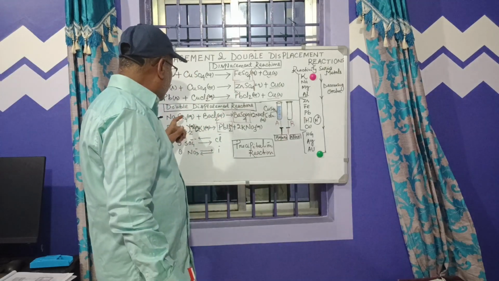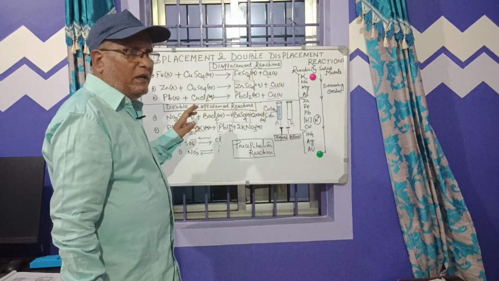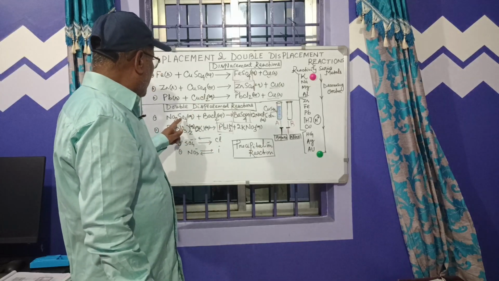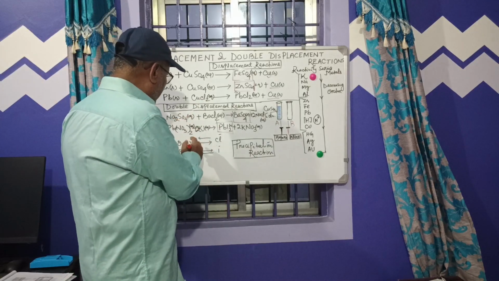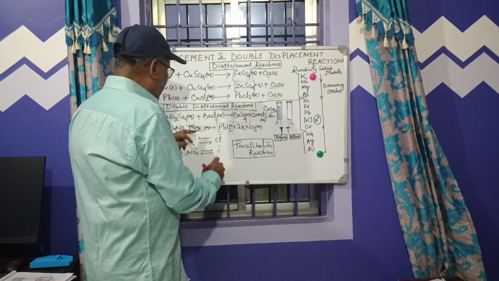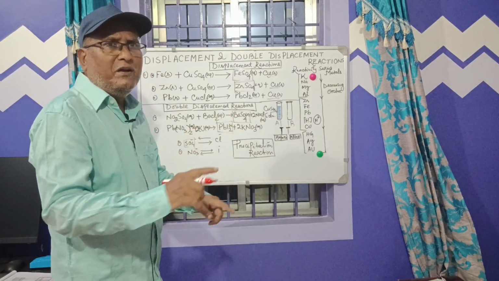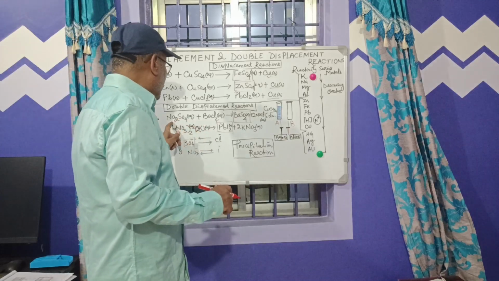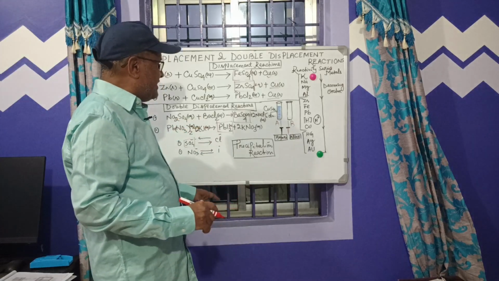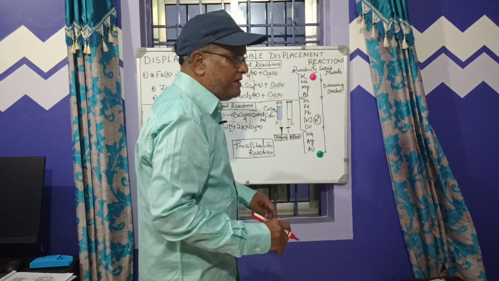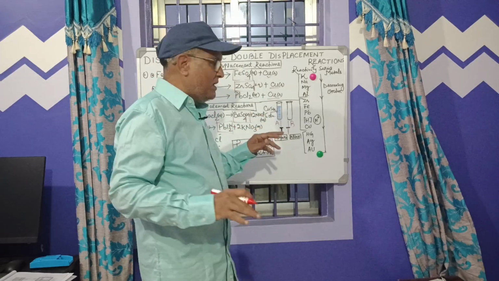Now look at this example given in the book in the form of an activity. Please read it. Sulfate ion and chloride ion interchange between sodium and barium. As a result, barium sulfate and sodium chloride, two products, are formed.